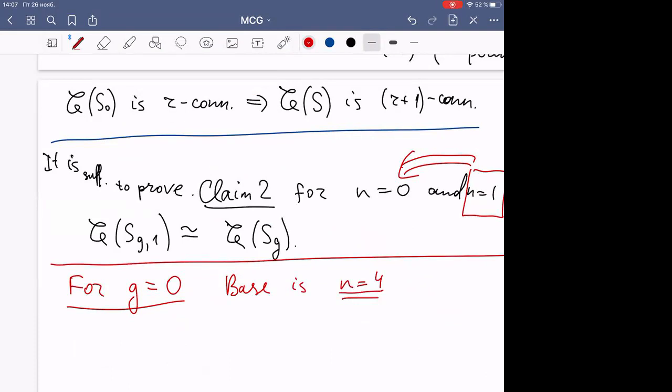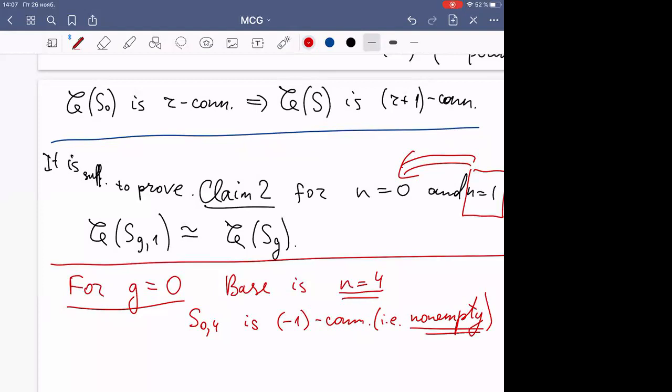For n equals 4, our claim is that this complex is minus 1 connected. That is, non-empty. And it is actually non-empty since on the sphere with 4 punctures, there are essential curves.